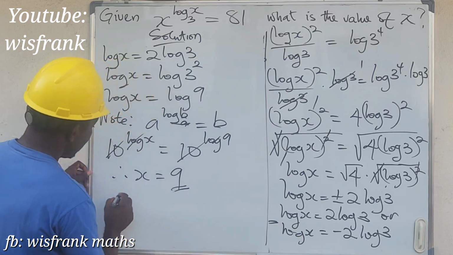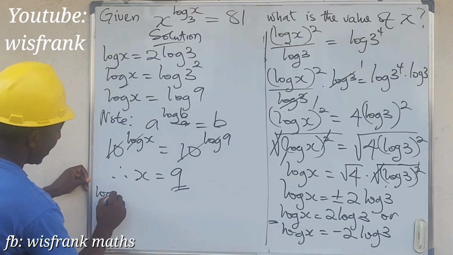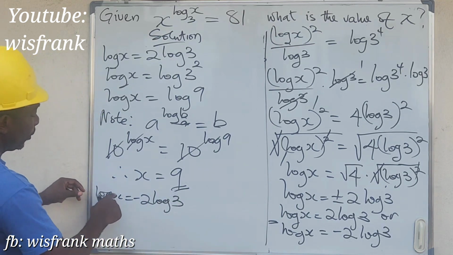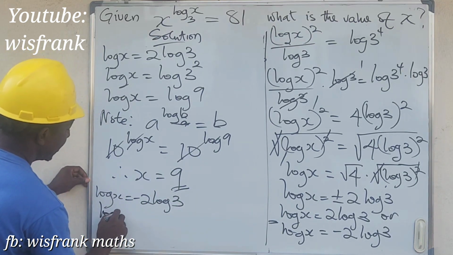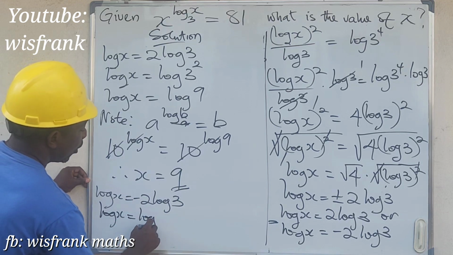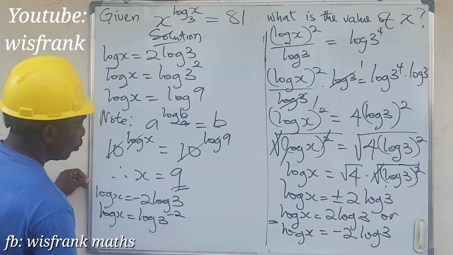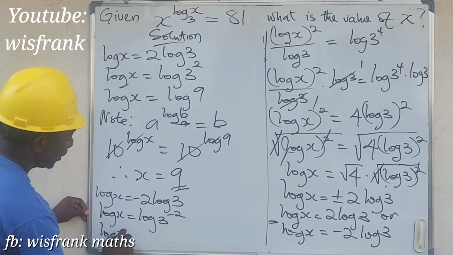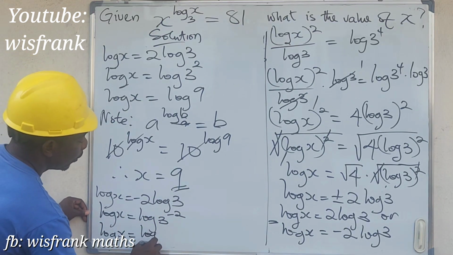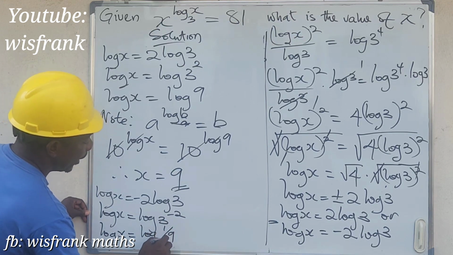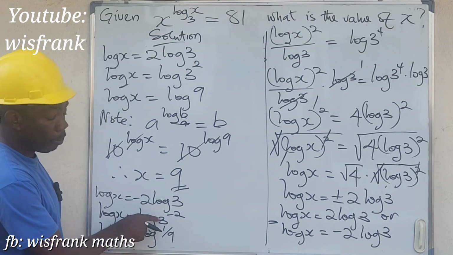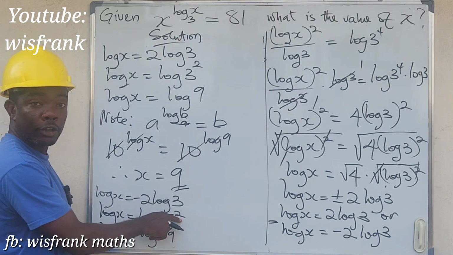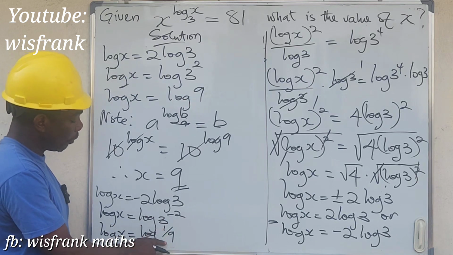Then from the second one that we had, log x equals minus 2 log 3. So this is the same thing as log x equals log 3 to the power of minus 2. So here it is the same thing as log x equals log 1 all over 9, because 3 to the power of minus 2 is the same thing as 1 all over 9.